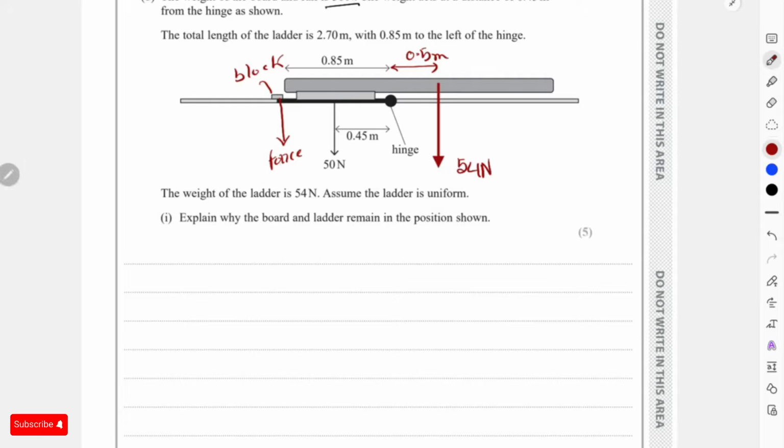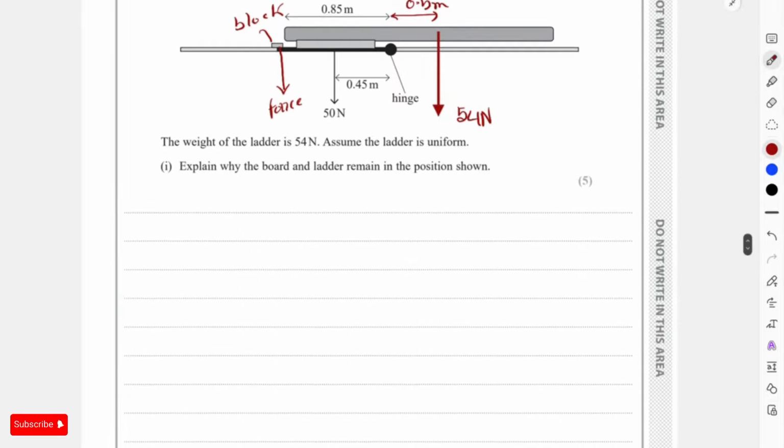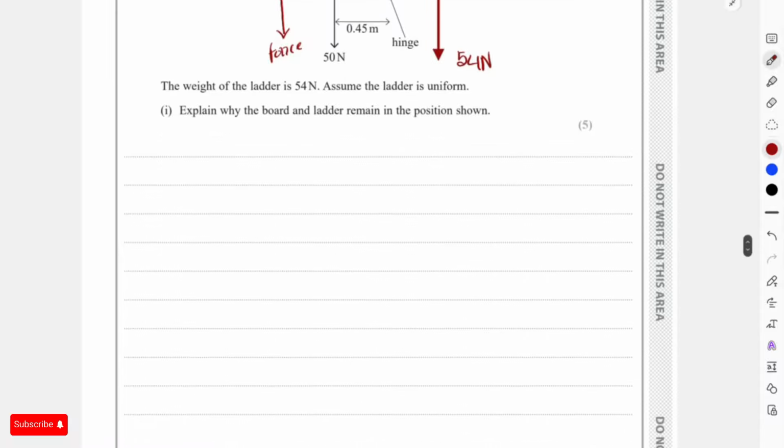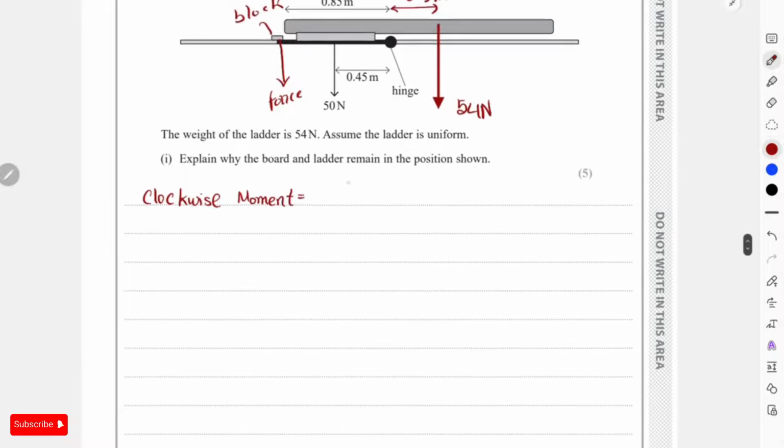But we do not know the value for this force, so we cannot calculate it, but we have to explain it in words. So let's first calculate the clockwise moment and anti-clockwise moment. For the moment, the working would be force times distance, that's 50 with 0.45.